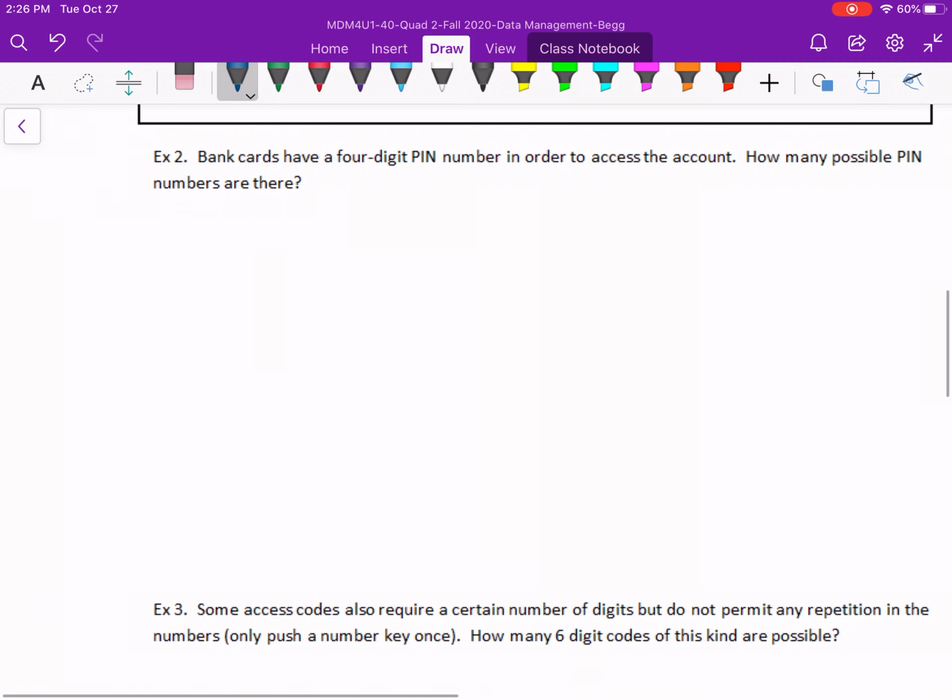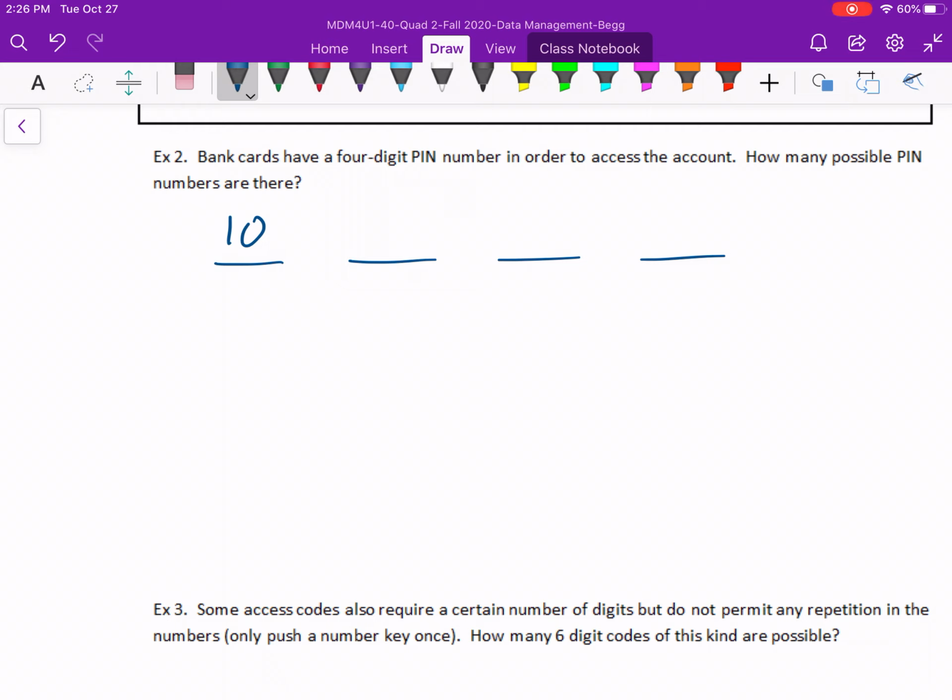Sometimes when I'm counting things, instead of drawing a tree diagram, I draw it out like this. I'll just leave spots to represent where I'm going to fill in numbers. So in my first digit, I've got 10 to choose from. I could choose 0 through 9. 0, 1, 2, 3, 4, 5, 6, 7, 8, 9 gives me 10 numbers to choose from.